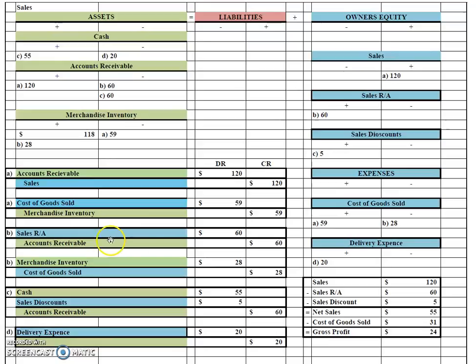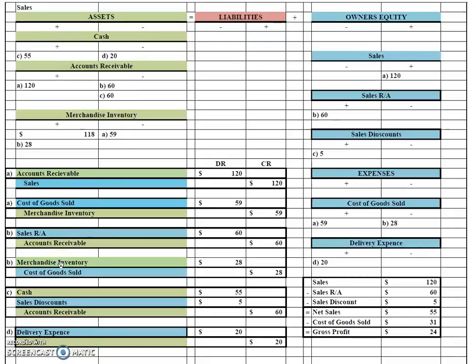So they returned approximately half, $60 worth, and so we will debit the sales returns and allowance for the $60, reducing the sale, and we will reduce the accounts receivable by $60. Okay, so the customer returned $60 worth of the merchandise, or half the merchandise. So that covers the sale portion.